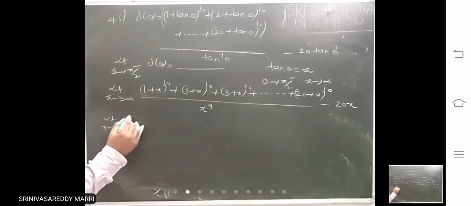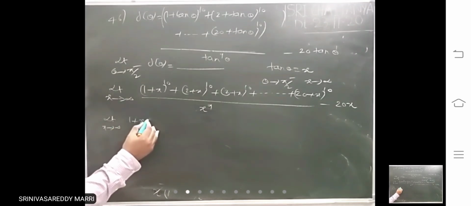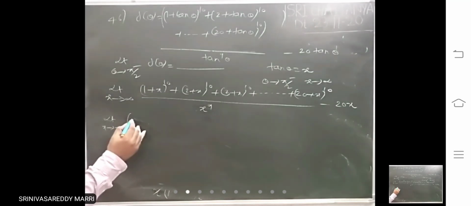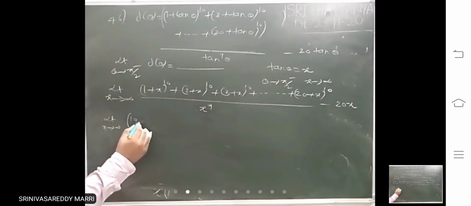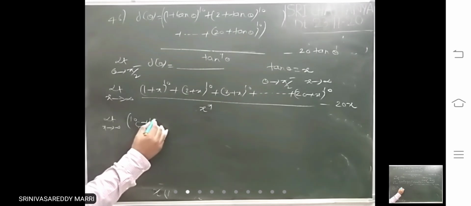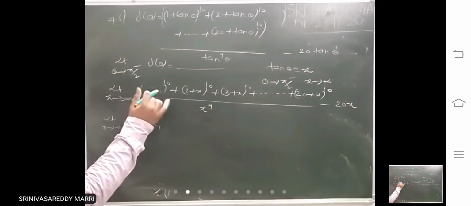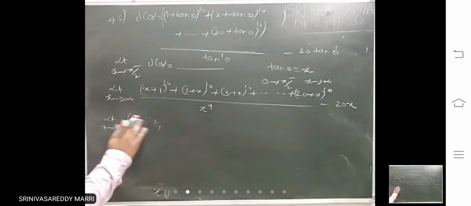Limit x tends to infinity. Look at this expansion you write. This expansion is what actually: 10c0 plus 10c1. This also you write like x plus 1.